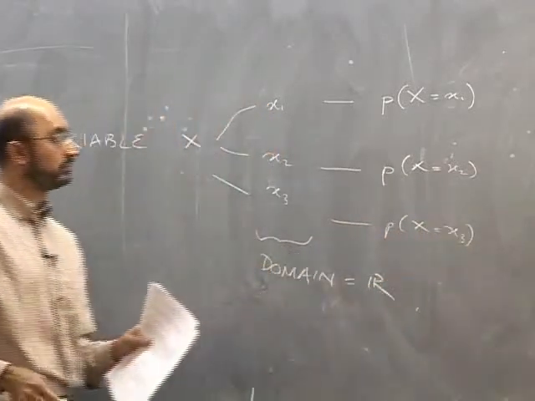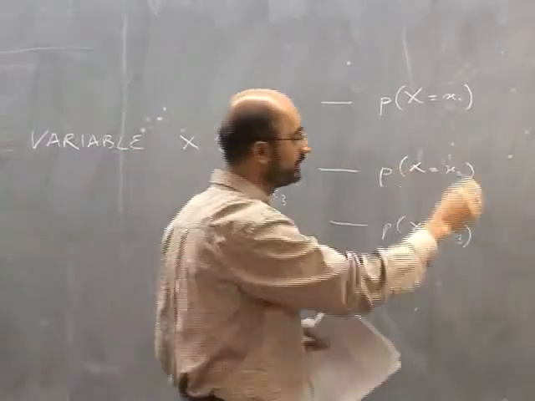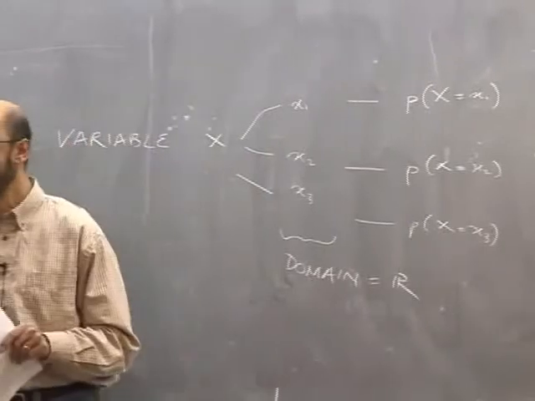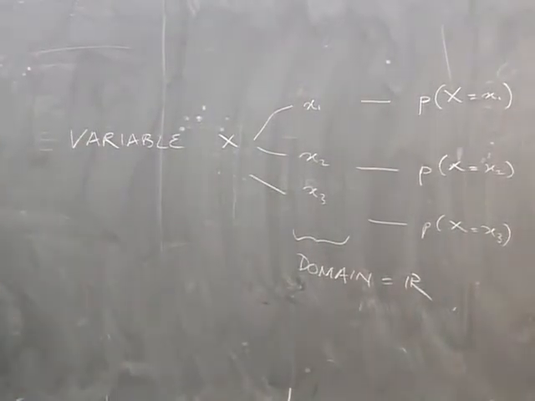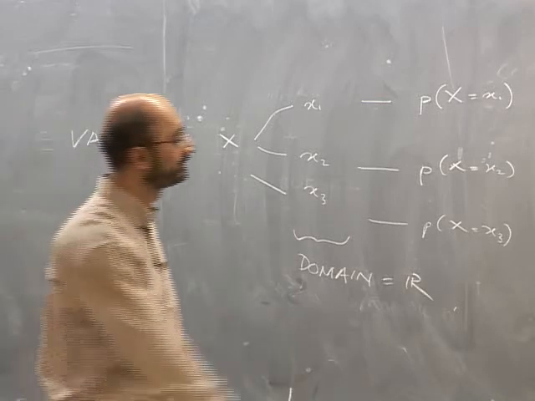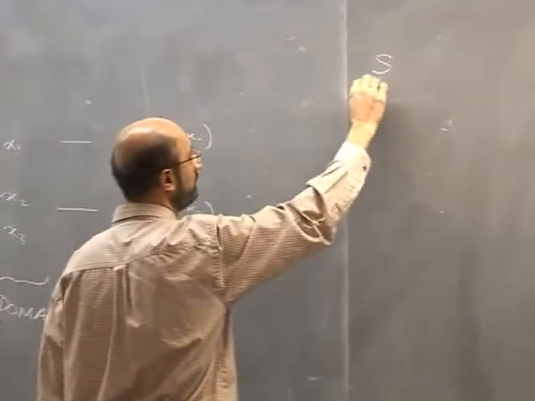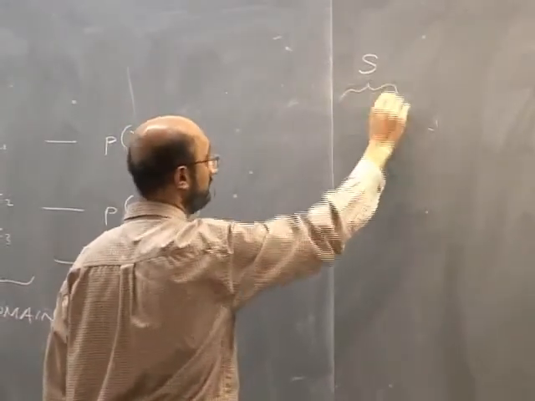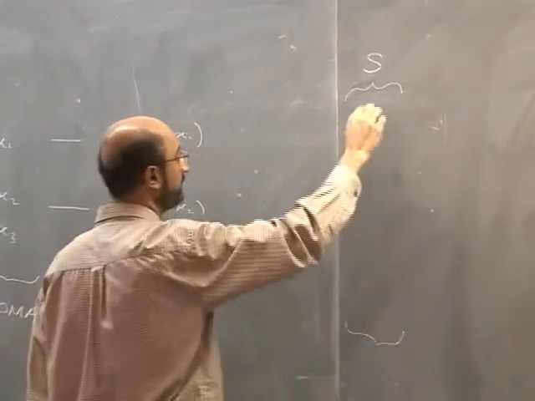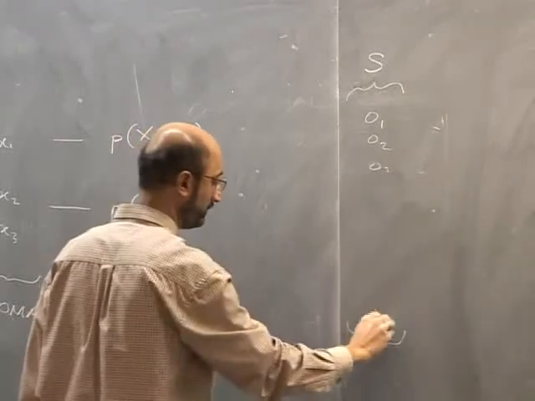The way we model it is by saying that these probabilities arise due to some underlying sample space, some underlying outcomes and some underlying events. So we have some sample space S over here, and I'm going to draw it vertically just to keep it consistent. We have some outcomes, O1, O2, O3, all the way up to ON.